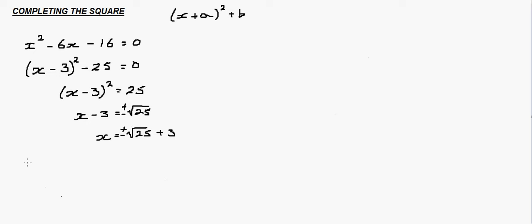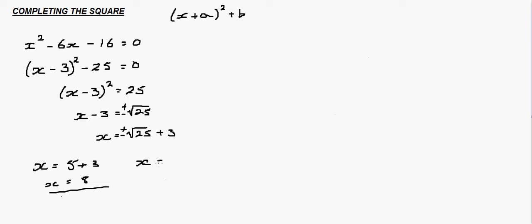So let's say we go with the plus value, so we have x equals, now the root of 25 is 5, so we're going with the plus value, so this would be 5 plus 3, so we can say that x equals 8, so that will be one answer.